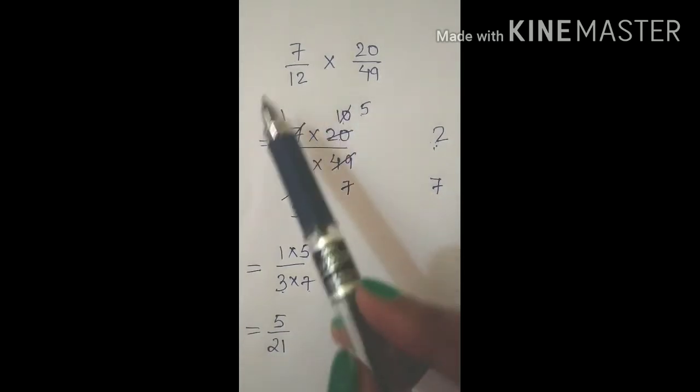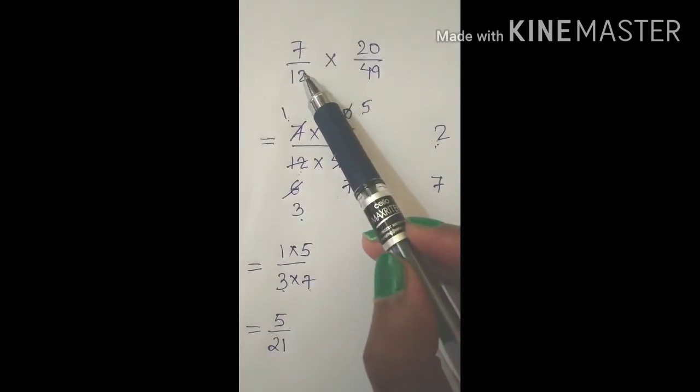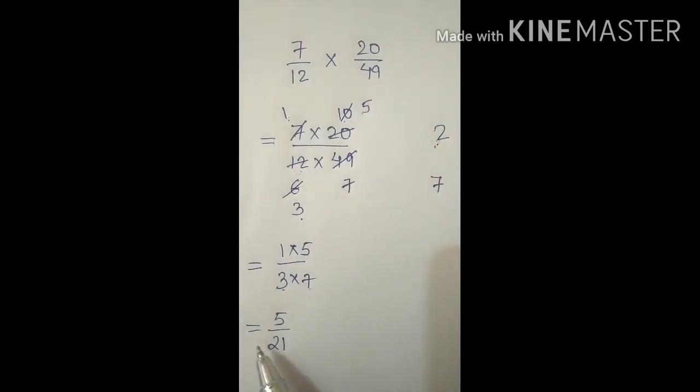And since we have already simplified it before doing the multiplication, it is in the simplest form. So 7 by 12 multiplied by 20 by 49 is equal to 5 by 21.